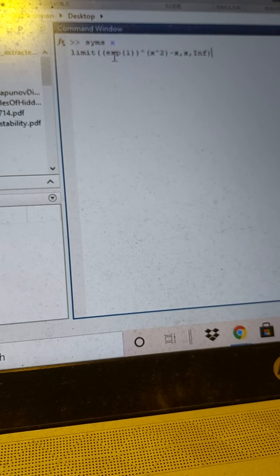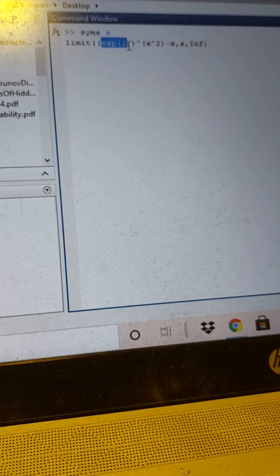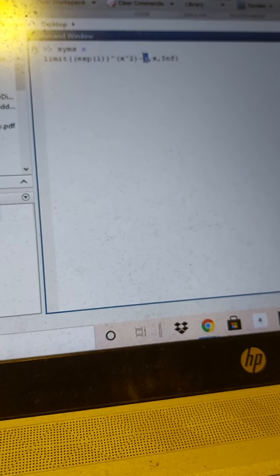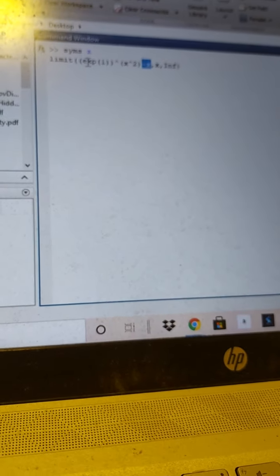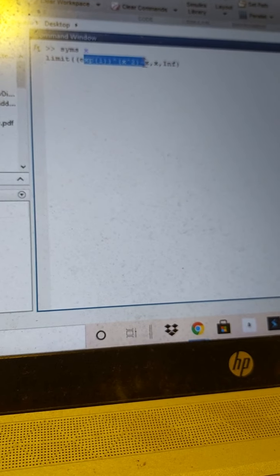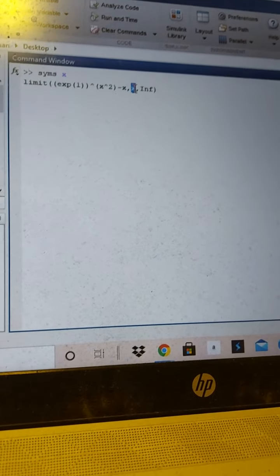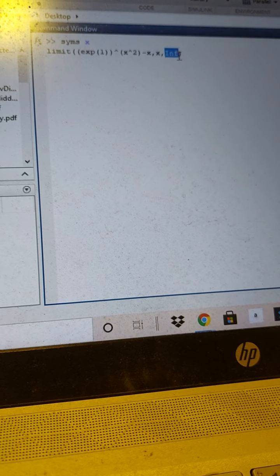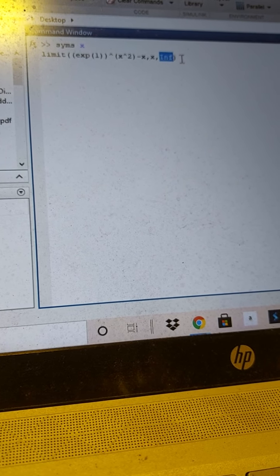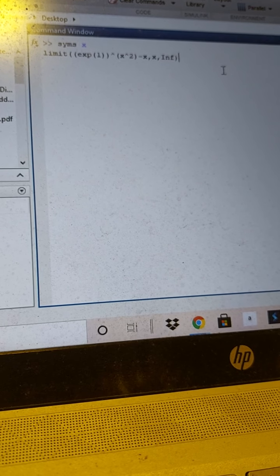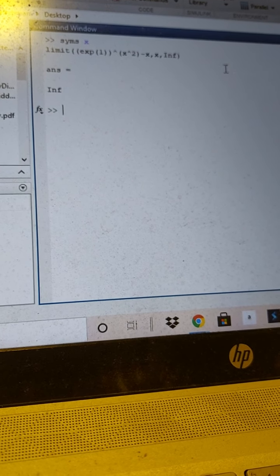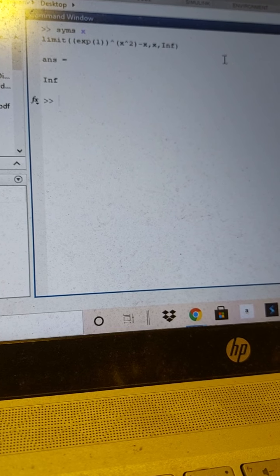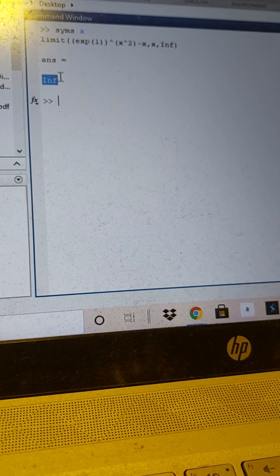So our limit is e power x squared minus x like this. This is the expression of the limit, as the variable of the limit x approaches positive infinity like this. The result is, as we have shown before, equal to infinity or positive infinity.